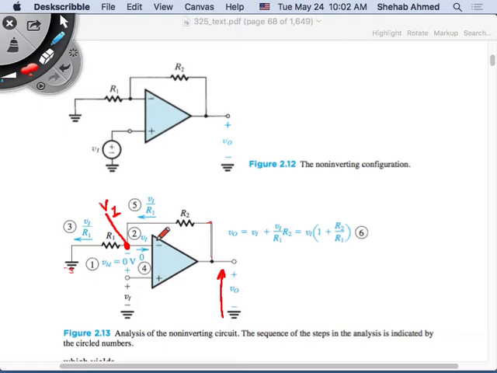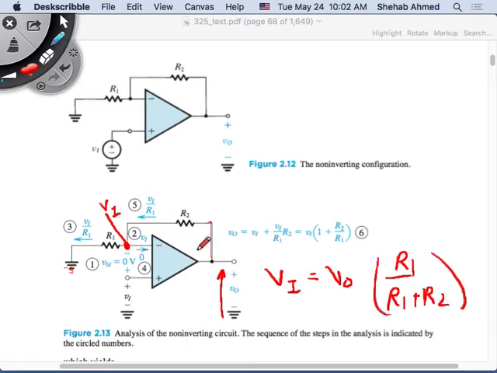So you can use nodal voltage analysis because you know that VI is equal to V output times R1 over R1 plus R2. Right? So VI is equal to V output times R1 over R1 plus R2, just from nodal analysis, for the potential divider between this source and these two resistors. So you can do it that way as well. Same effect.